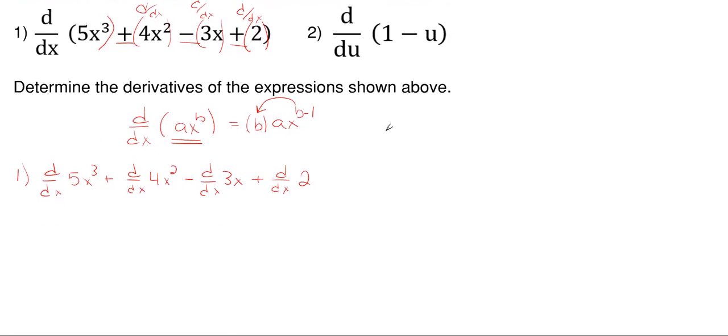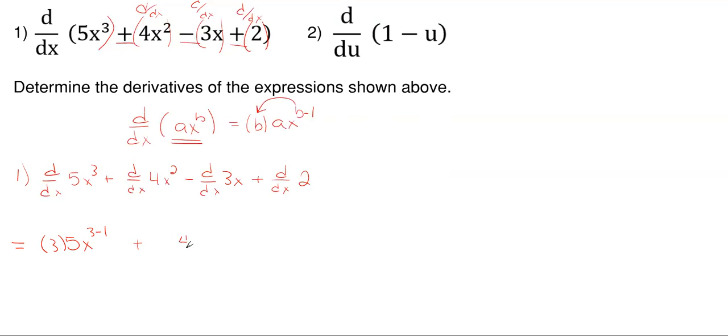So looking at our first one here of 5x cubed. When we take the derivative, we're going to have our constant go through of 5. We have our variable of x to the power of 3. We're going to drop that 3 in front and multiply it by everything. And then after we do that, we're going to subtract 1 from the power. For our second one of 4x squared, just repeat the process.